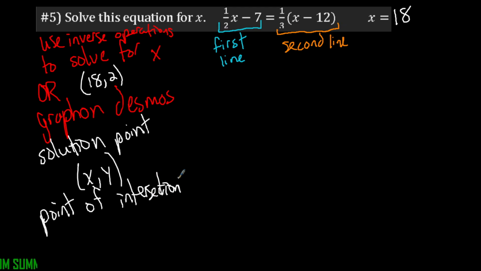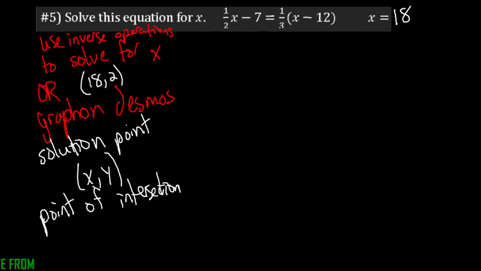All right, so you could do it like that, or what I will show as well is how to solve it using those inverse operations. So this is very similar to our problem that we had from the Unit 4 test. So what I'm going to do is, first I'm going to multiply both sides by 6. The reason why I'm doing that is I want to get rid of this fraction.